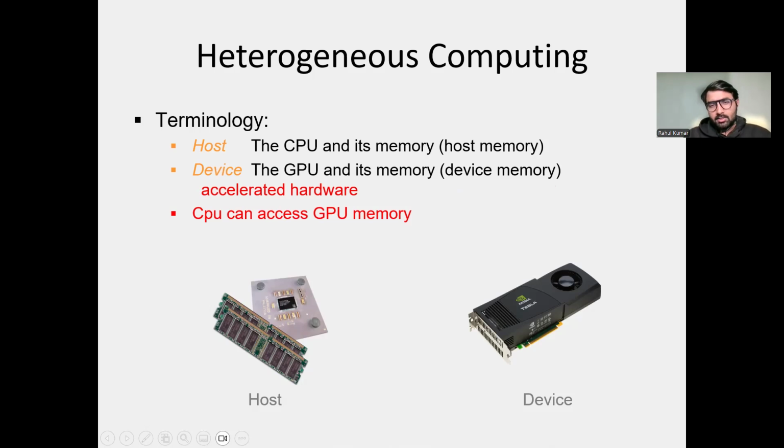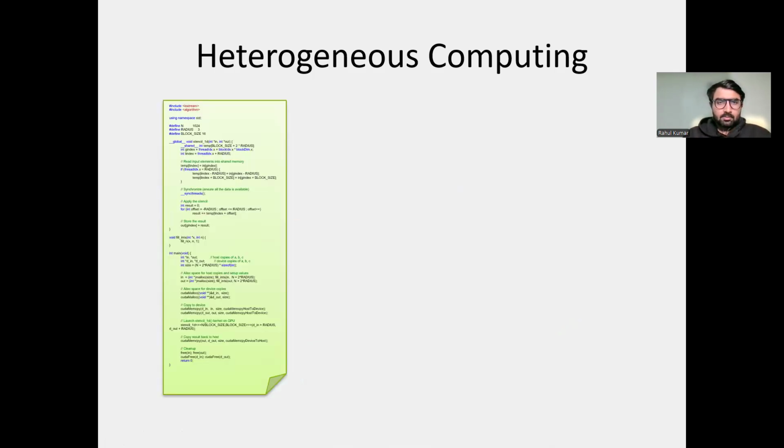And why do we need GPUs? Because GPUs have thousands of concurrent threads which can handle graphics, like thousands and millions of pixels. Those kinds of things can be done pretty fast on GPUs compared to CPU. So our code structure will be something like this. There will be some serial part, and some parallel part which will be done on the GPU.